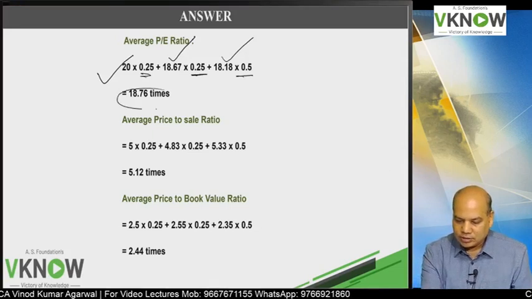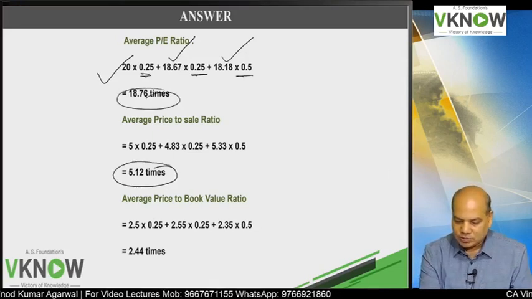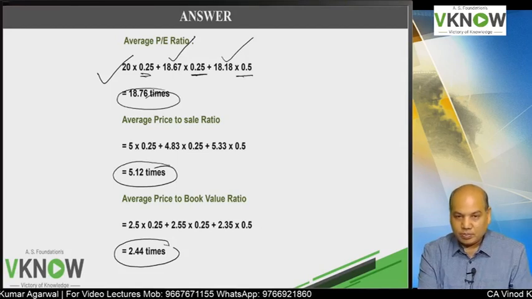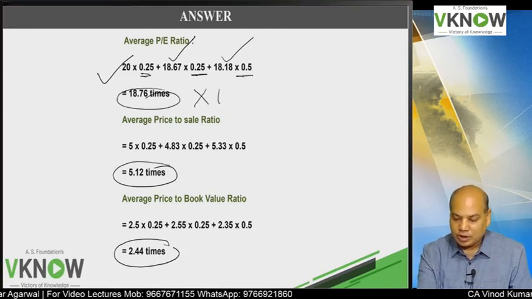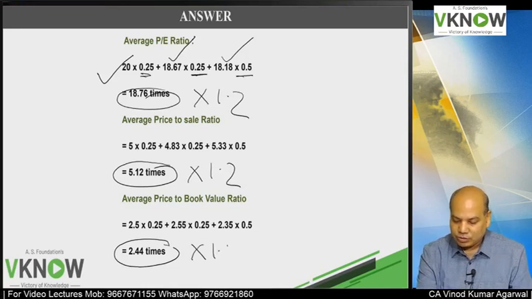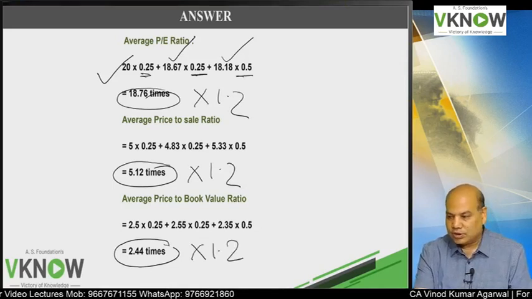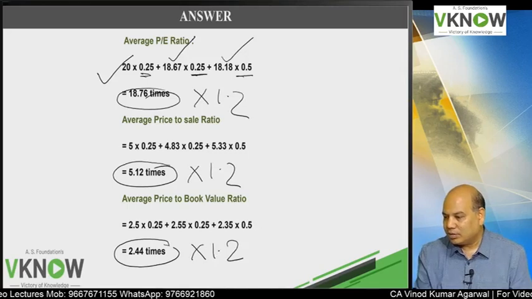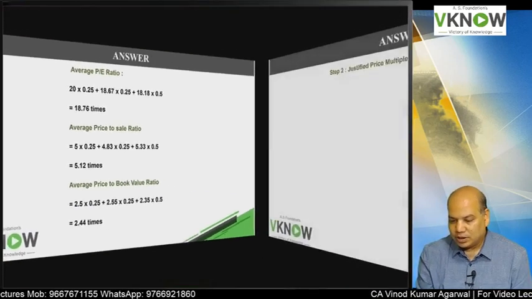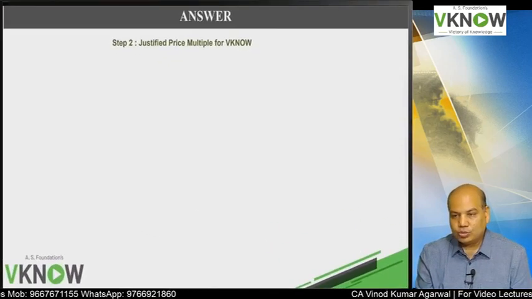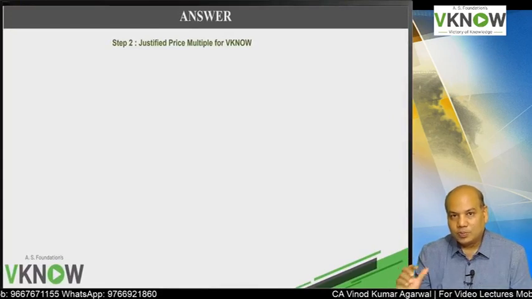These are the three multiples. But Vino Limited says we are a bigger company, we are a better brand, we have more product range. So for Vino, all this will get multiplied by 1.2. So the multiple applicable to Vino would be 1.2 times the industry weighted average.